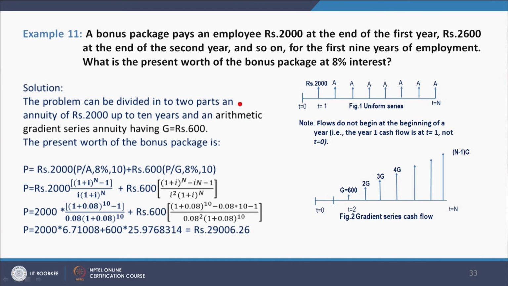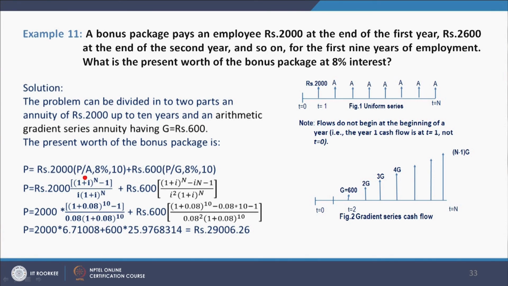So, the problem can be divided into two parts: an annuity of 2000 up to 10 years and an arithmetic gradient series annuity having g equal to rupees 600. The present worth of the package is P equal to rupees 2000 into the factor P/A, 8%, 10, plus rupees 600 into the factor P/G, 8%, 10. Here we have written the values of these factors.